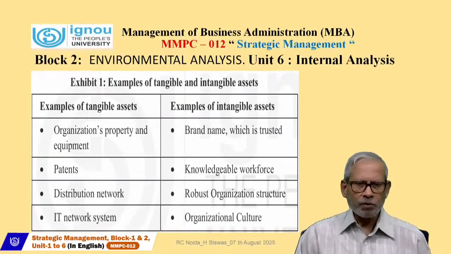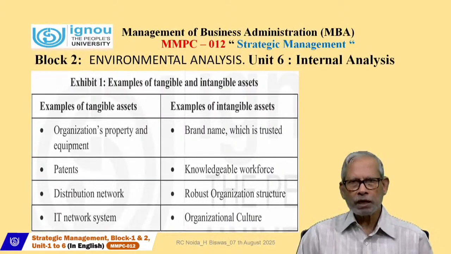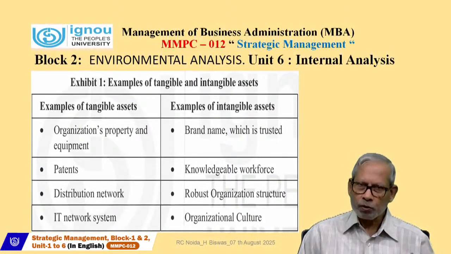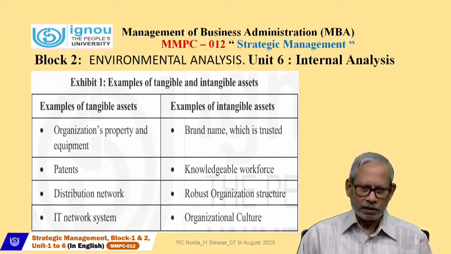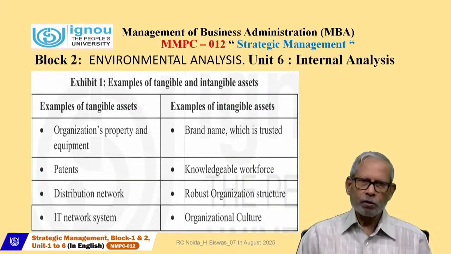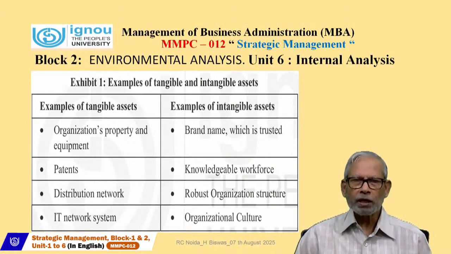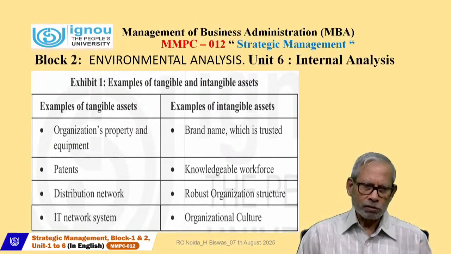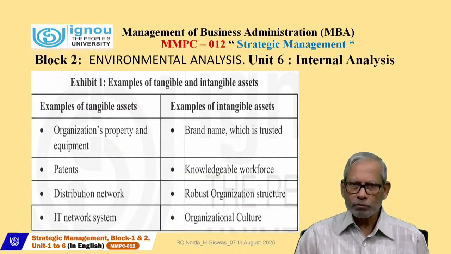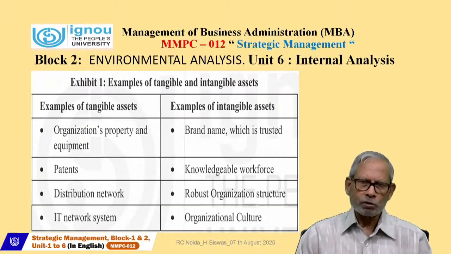Some examples of tangible and intangible assets are there. That chart is also important. Organizational property and equipment are tangible. Brand name is intangible. If you have property, a good building, good furniture, these are all your tangible assets, because you can straightway see them and assign a cost.